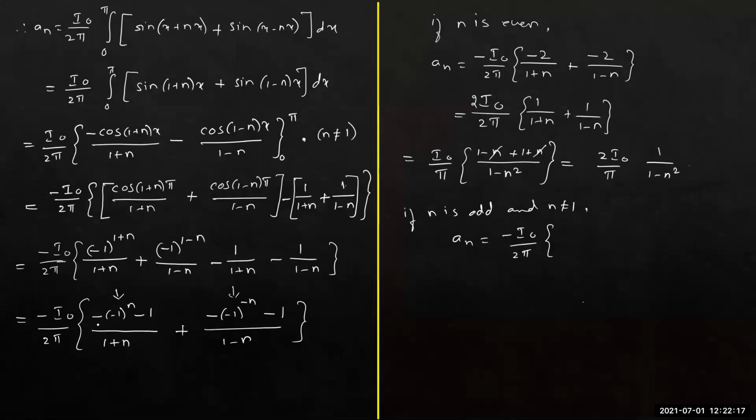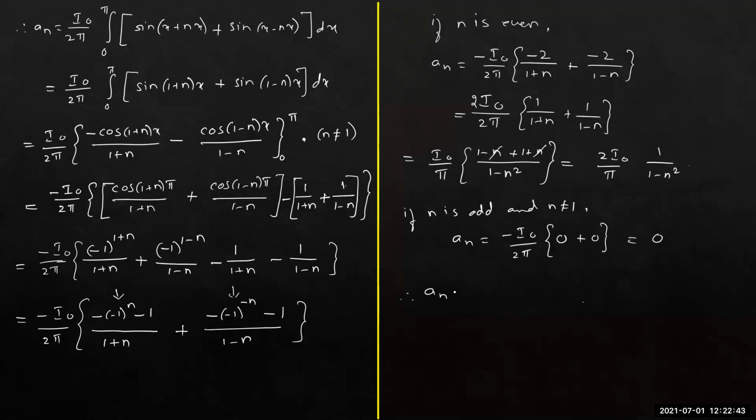Already here is a minus outside. Minus of minus 1 becomes plus 1. So we'll get 1, then again minus 1 here also. So we'll get simply 0. Then here also, when you take n as odd, minus 1 to the power of minus n is again minus 1 only. So minus of this minus 1 is plus 1. And 1 minus 1 here also becomes 0. So therefore, it is simply 0 when n is odd.